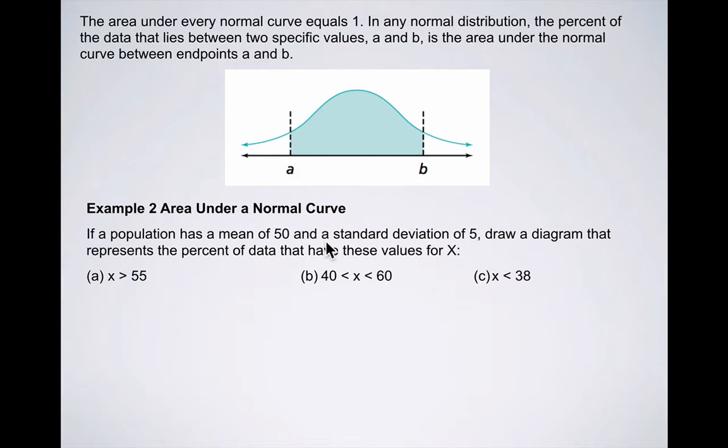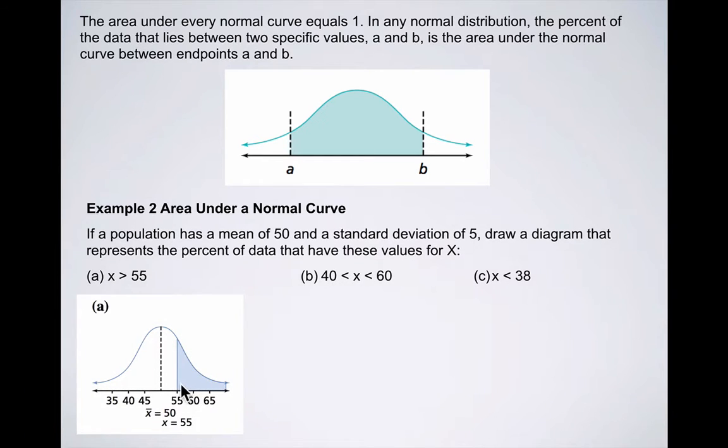So if a population has a mean of 50 and a standard deviation of 5, draw a diagram that represents the percent of data that have these values for X. First of all, greater than 55. Well, greater than 55 is 1 standard deviation above the mean. And if you recall, the mean is the 50th percentile, so 50% of the data lies below the mean.